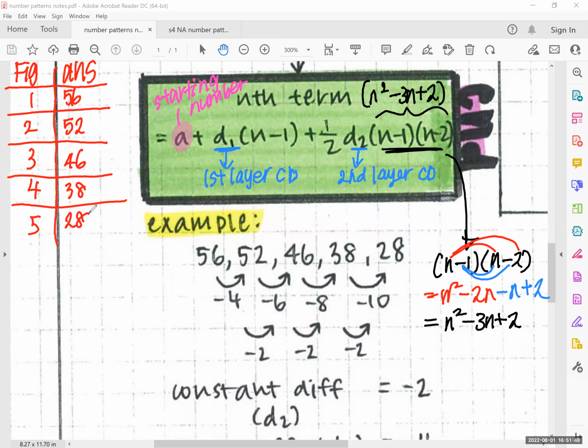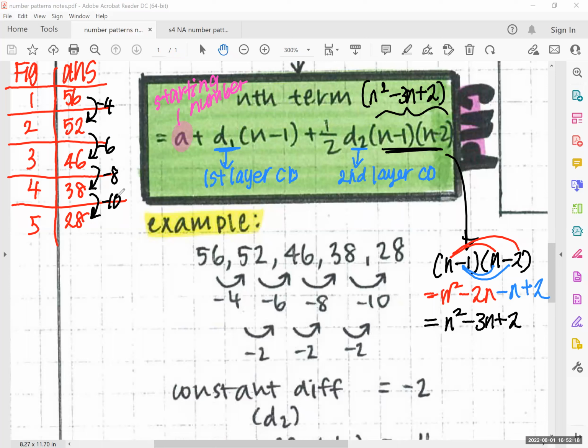Now, you'll find first layer, right? Here to here. What happens? -4. Next one, here to here. -6. Next one, here to here. -8. Here to here. -10. So can you see there's nothing the same? Constant difference means it's the same, right?